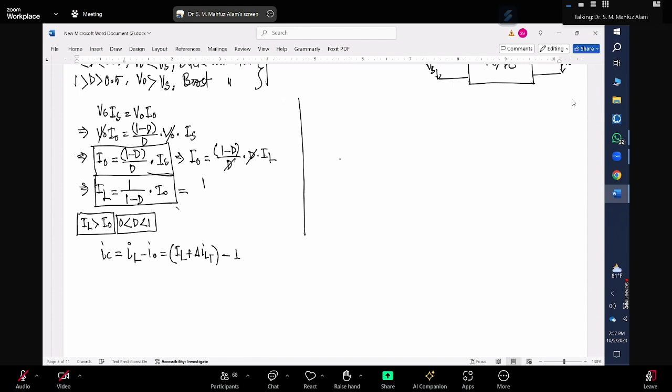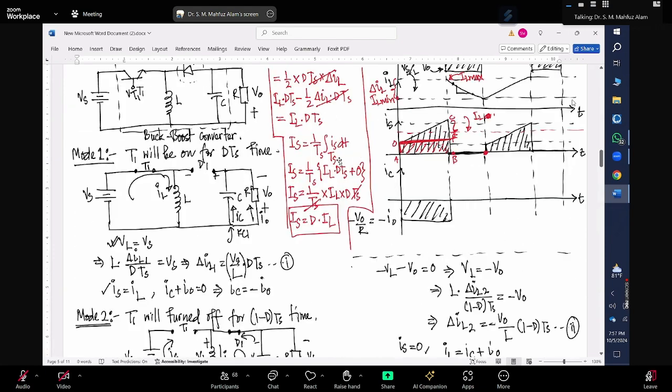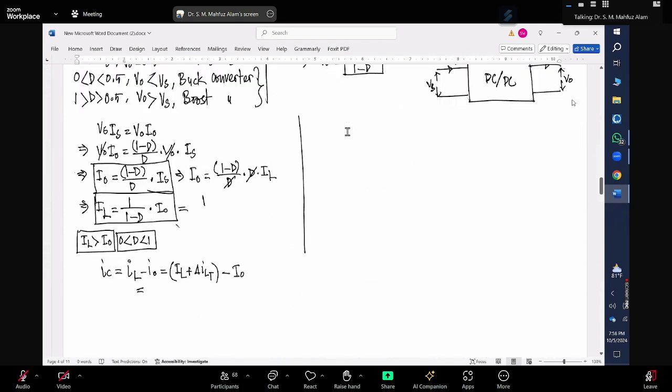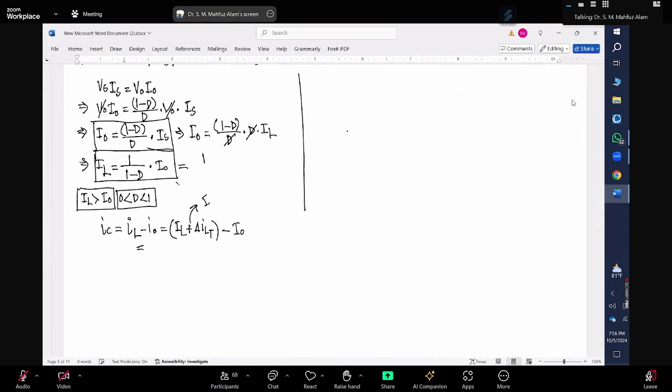And what is my I naught? I naught is a constant value. So when you have this point, this is my IL max, right? What should be the capacitor current at this point? For the inductor current, this point is your IL max, meaning this point should be IL max when it will start discharging. So what should be your IC value?